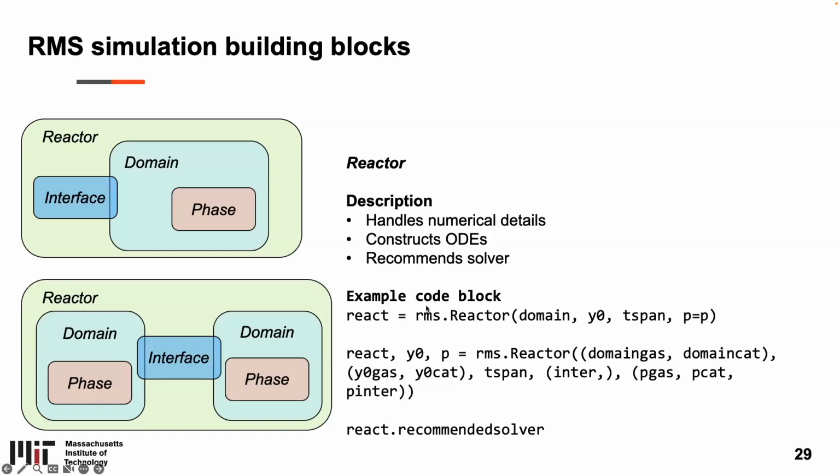But basically, it puts together a domain that you constructed previously and gives you a reactor object. And you can access the recommended solver this way. So instead of what we put in right now, which is we use Sundials BDF for all the examples, you can access this one and see, and it will be the recommended solver for your system.